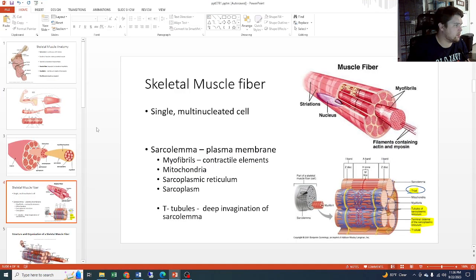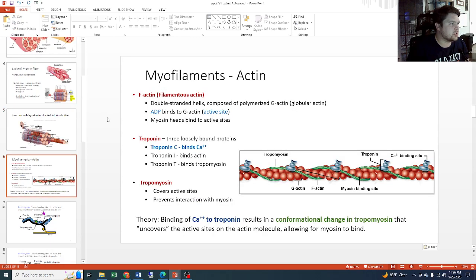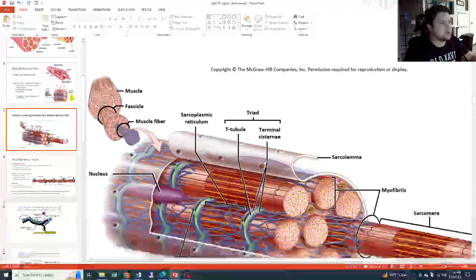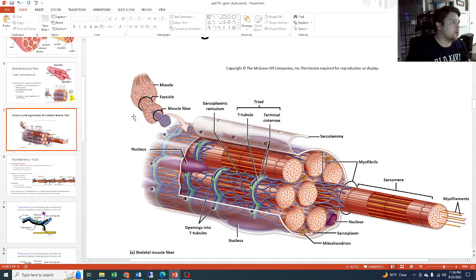And I actually want to jump over here for a little bit and go through some of this first. Looking again at these structures, this is super, super important to understand, okay? Within this picture, we can see the whole muscle and the fascicle, now the muscle fiber, and this is the whole muscle fiber.